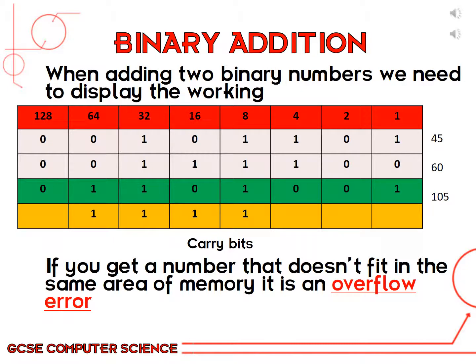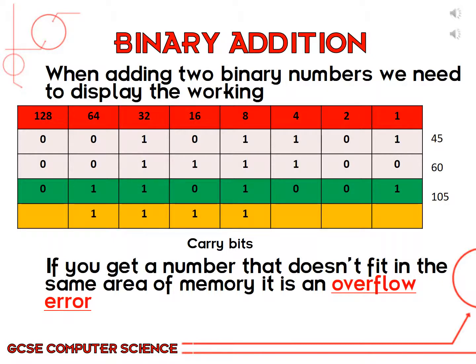Then every 1 in this column, 1 plus 1 is 2, so you put a 0 in and carry the 1. The next one is 1 plus 1 plus 1 again, which is 3, so it's 1 and carry the 1. And the last one is just 1 from the carry bit, so you put a 1 in.